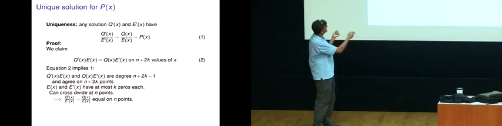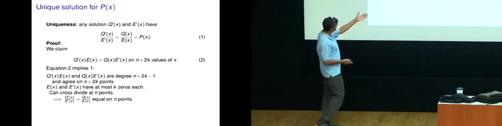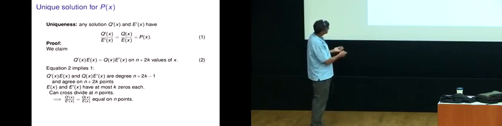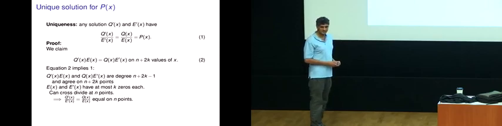You can divide both sides by e prime and both sides by e of x, and you get this expression. And you haven't divided by 0, right? That would not be legal. So you know that this expression is equal on n points. So if this expression is equal on n points, what polynomial are you going to get of degree n minus 1?